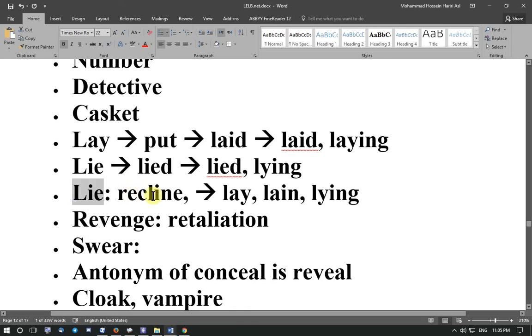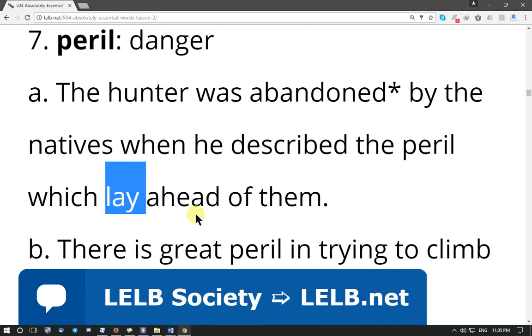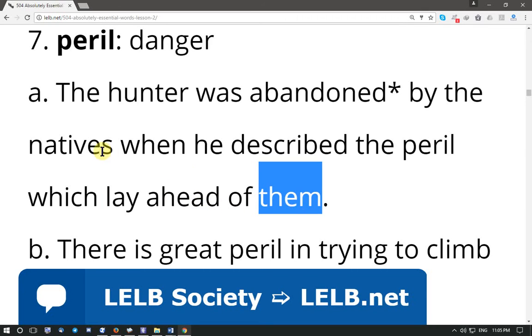It means actually which was ahead, which was just waiting for them, and them refers to the natives. So the hunter was abandoned or left or deserted by the natives when he explained about the danger that was just in ambush or just waiting for the natives.